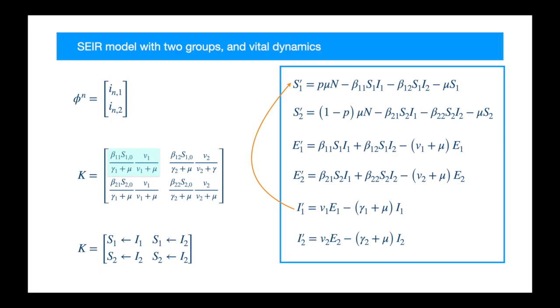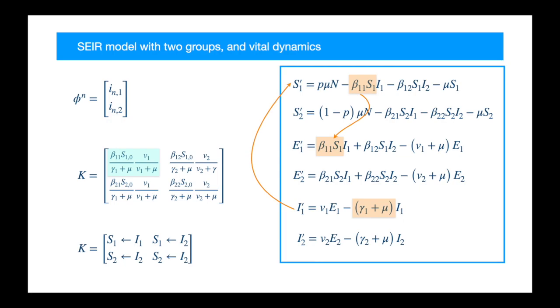In analogy with the previous case, we know a typical infective will spend 1 divided by gamma plus mu time in the infectious compartment, and during this time, they lead to sending B11 times S1 susceptibles of type 1 per unit time to the exposed compartment.